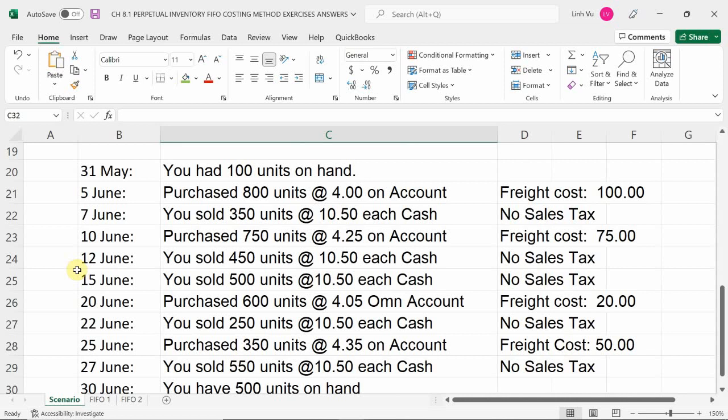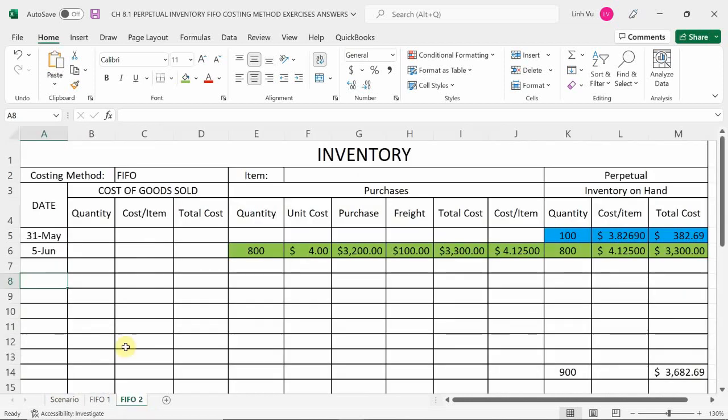June 7, you end up selling 350 units. I need to sell 350 units.